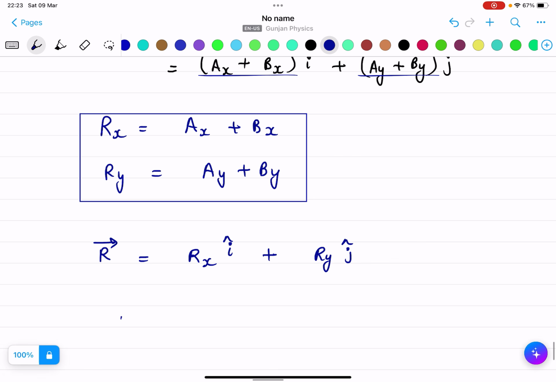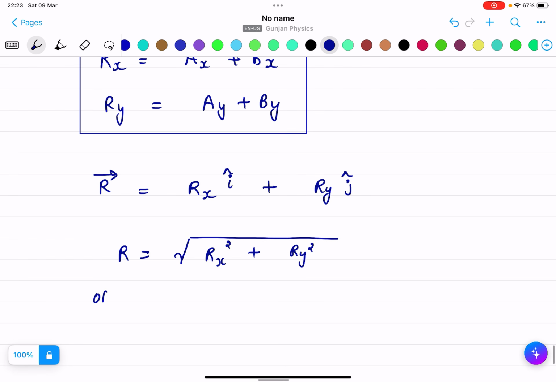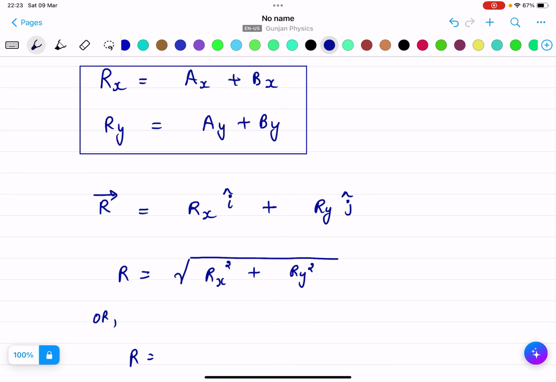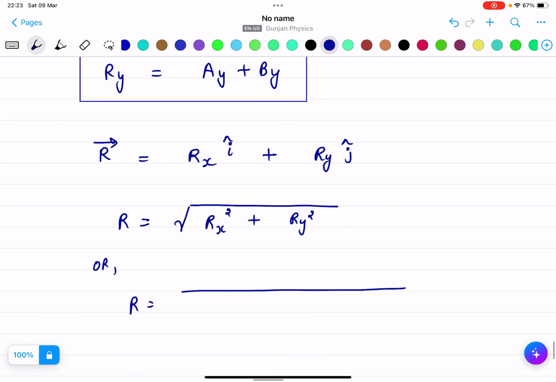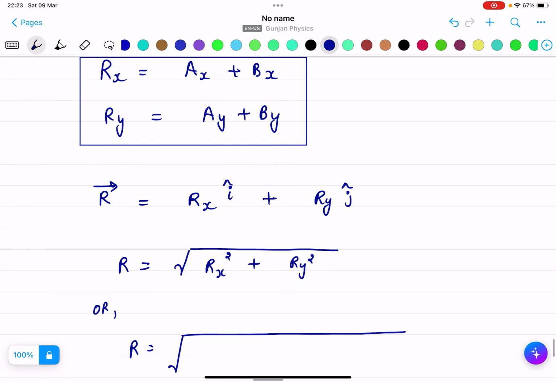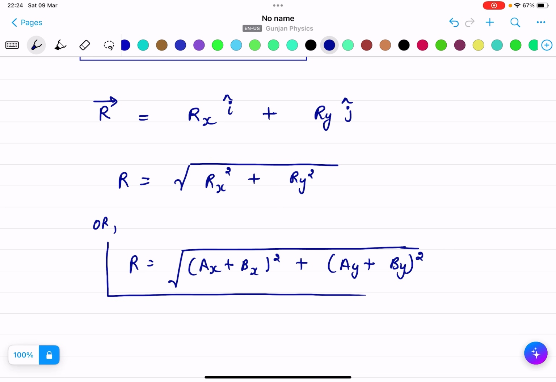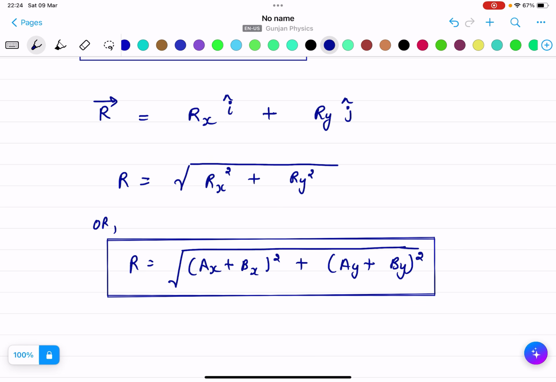So how do we find the magnitude of the resultant r? R equals under root rx square plus ry square, right? Or I will just put the values of these that we have already found out. So rx equals ax plus bx, so I can write the square root of (ax plus bx) whole square plus (ay plus by) whole square. So this is my magnitude of r.